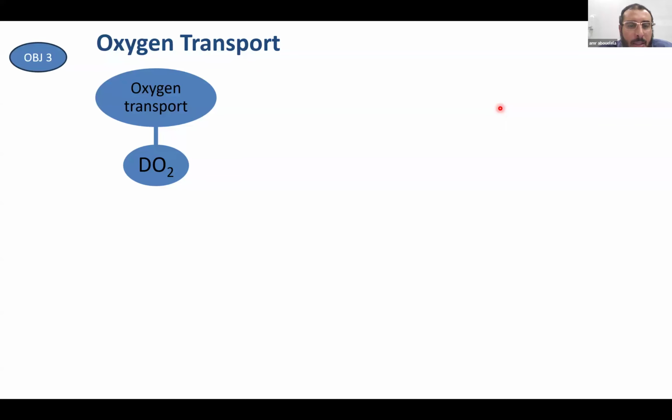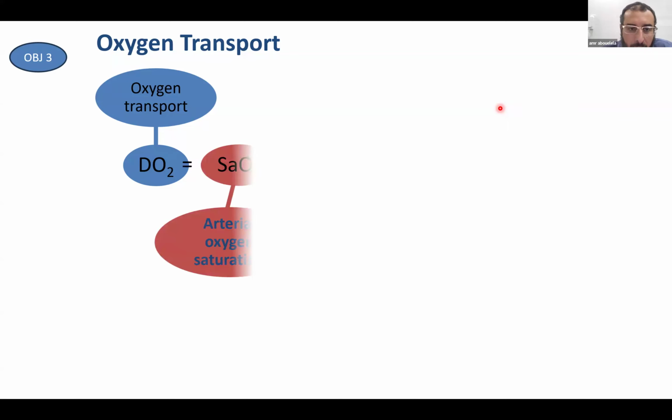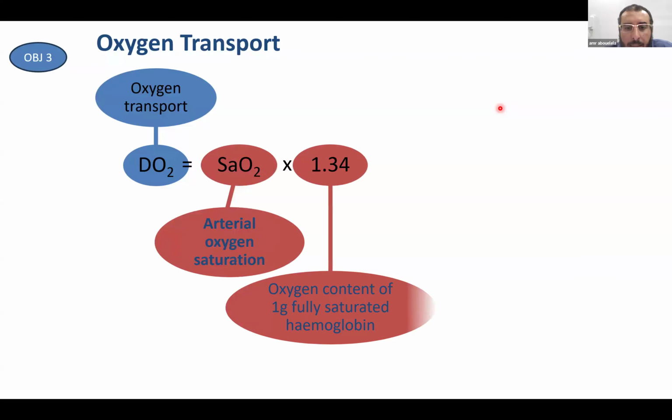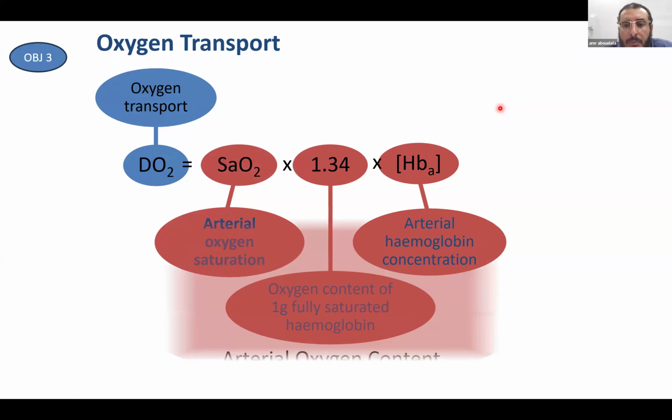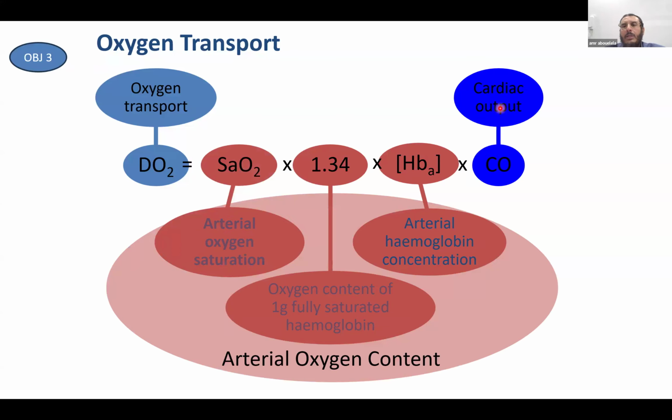So if we summarize this point about the determinants of oxygen delivery to the peripheral cells, we'll find the oxygen content, which is dependent on the saturation and also the hemoglobin. And of course, this amount will be multiplied, the oxygen content multiplied by the cardiac output.